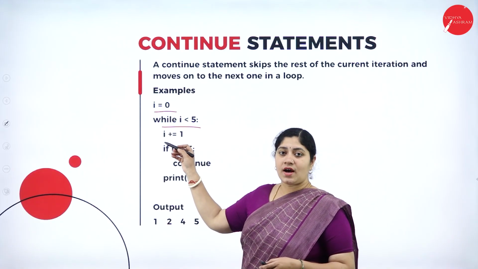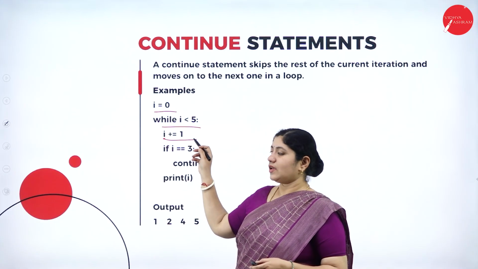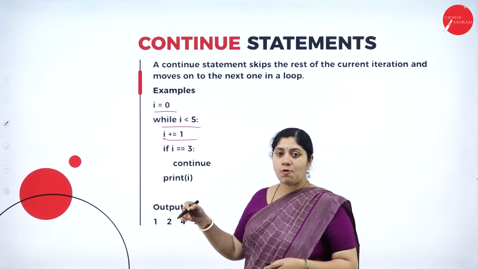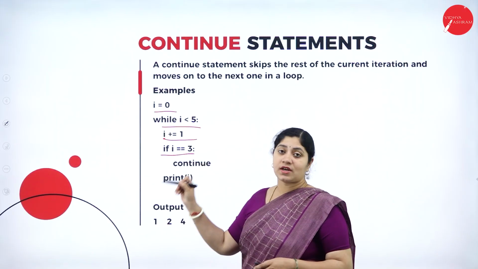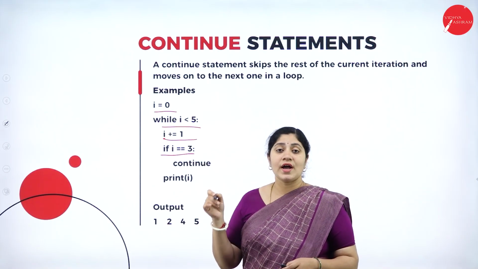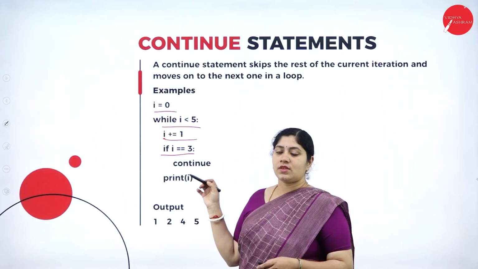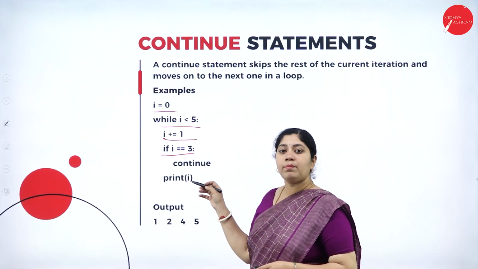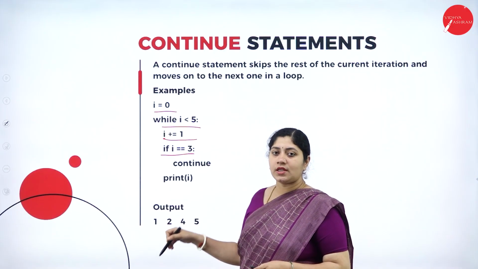Further, i is incremented by 1. Now, please note we are writing a conditional statement that if i is equal to 3, then it has to continue and print the following numbers.